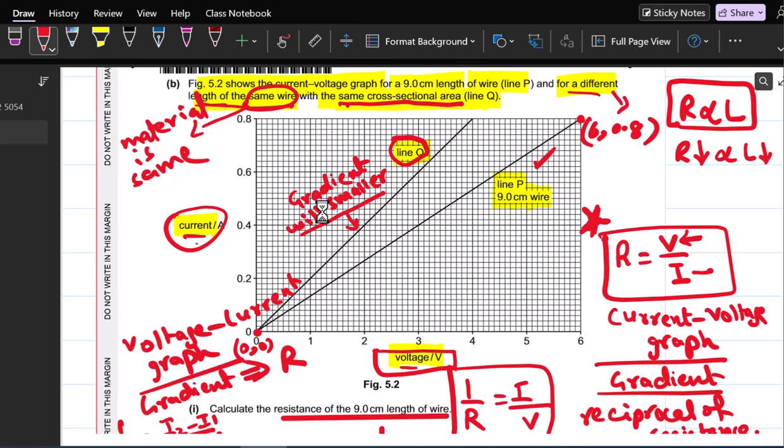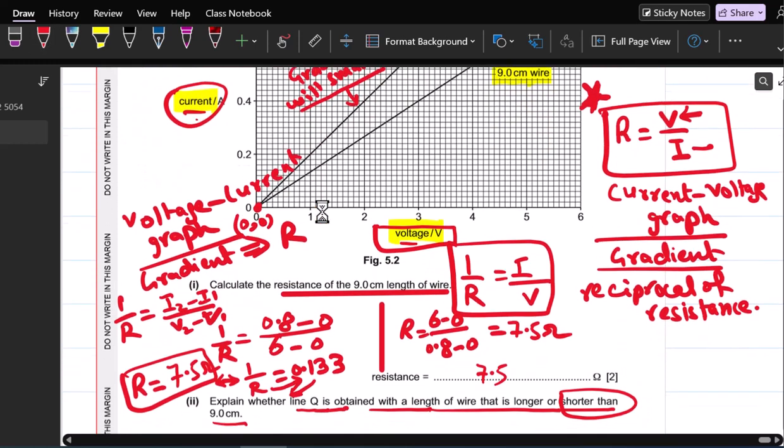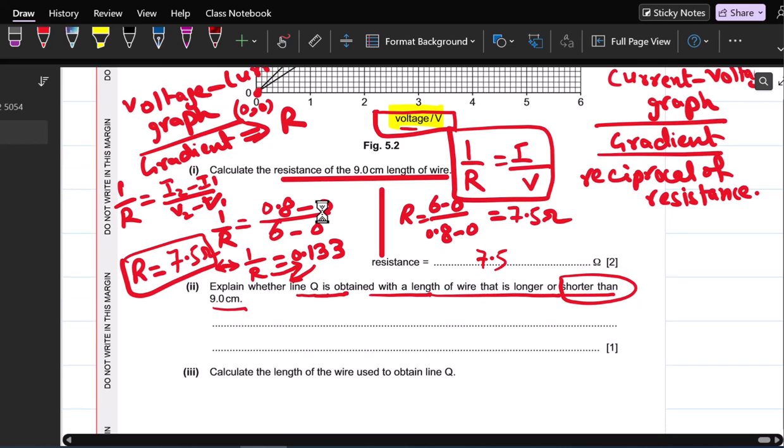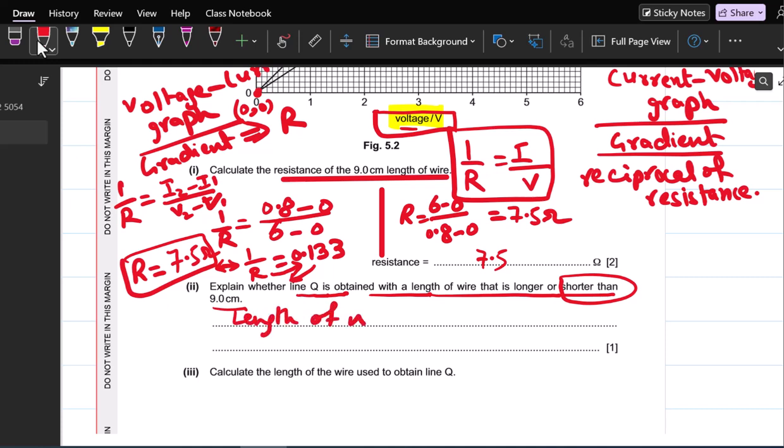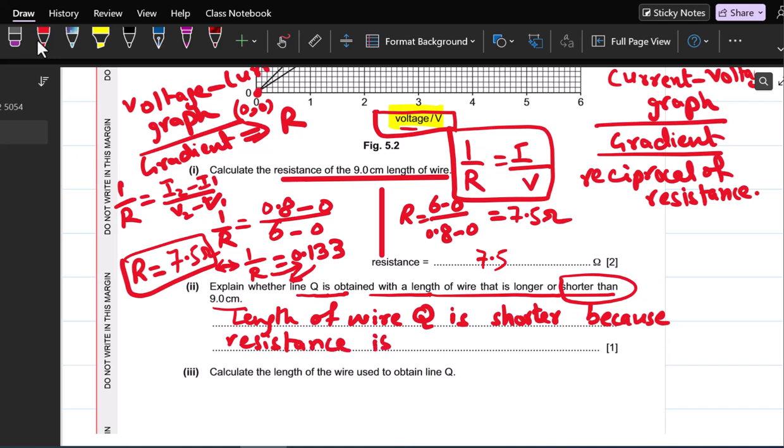So you can find this by taking the points here on your own, but we are going to explain here whether line Q is obtained with a length of wire that is longer or shorter. So I would say length of wire Q is shorter because resistance is smaller.